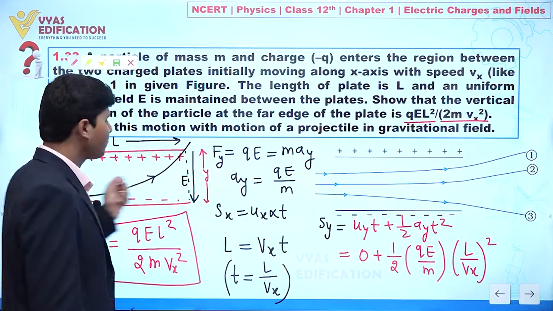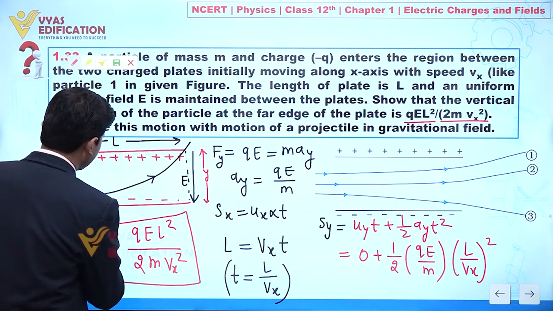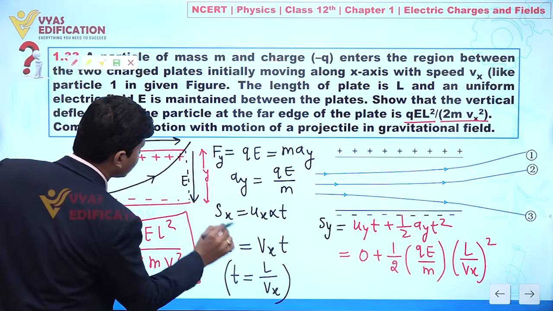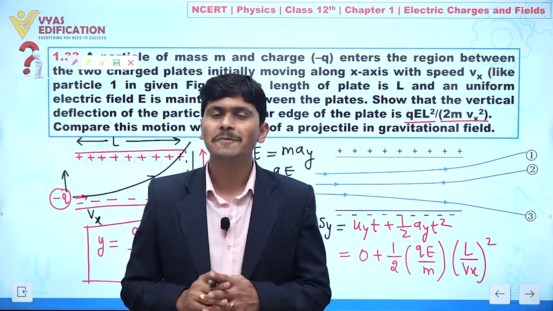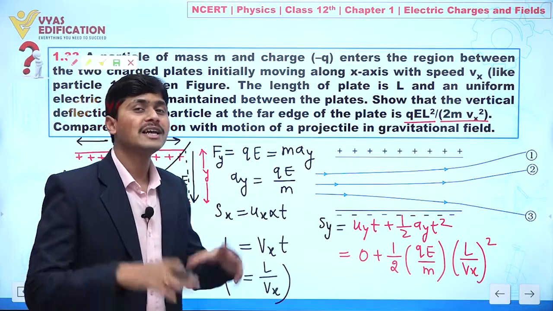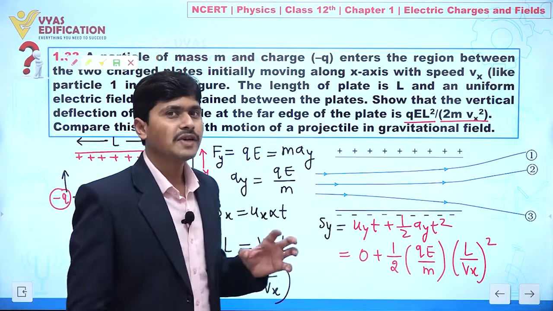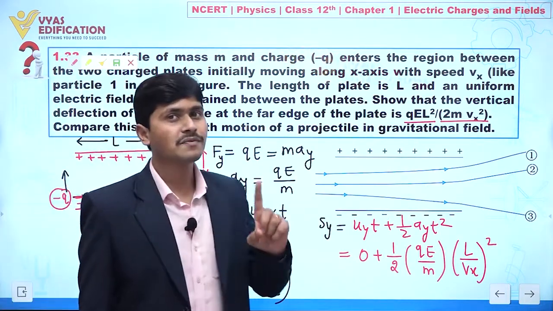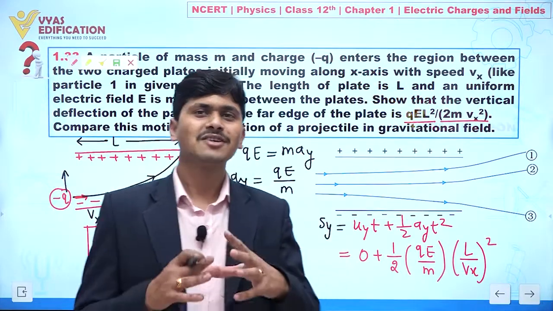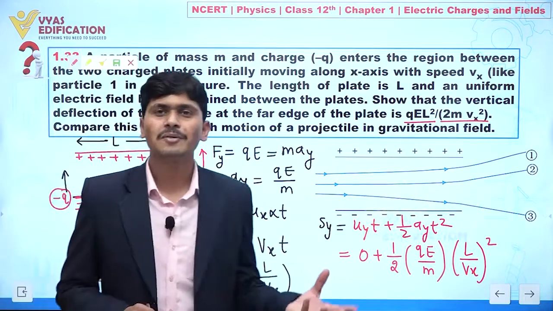If you throw any particle like this, it moves like this in the gravitational field. But the most important part is that the electrostatic force is very large compared to the gravitational force, as we have already seen. So in comparison to gravitational force, electrostatic force is very large, so we are neglecting the gravitational force effect here. Yes or no? So this is all about this question.